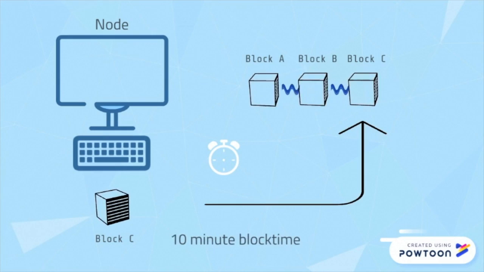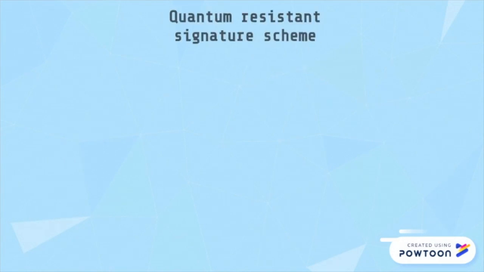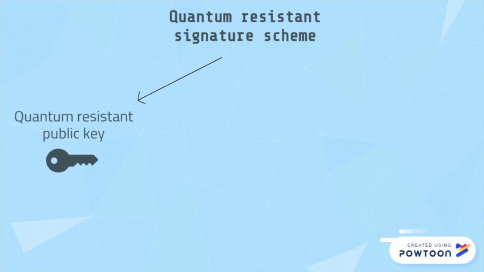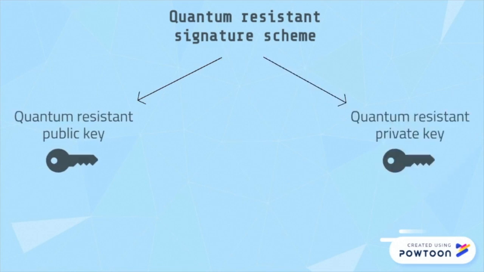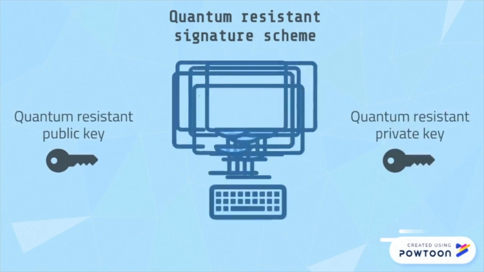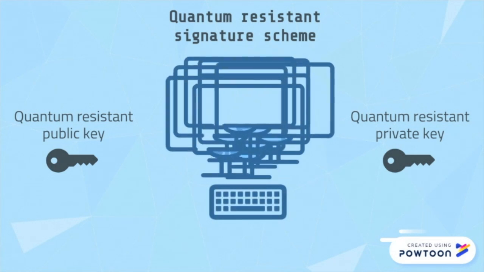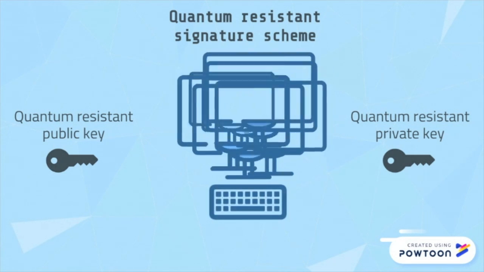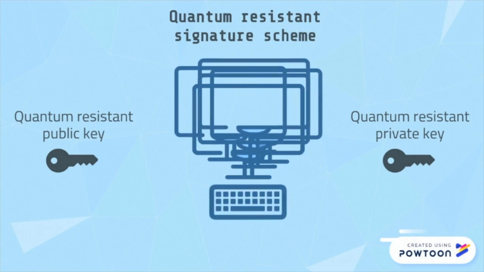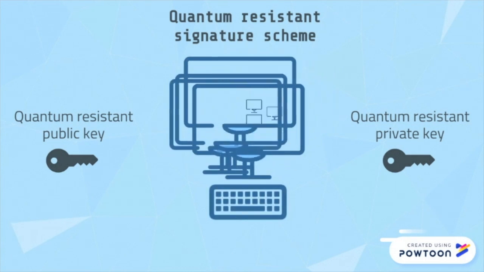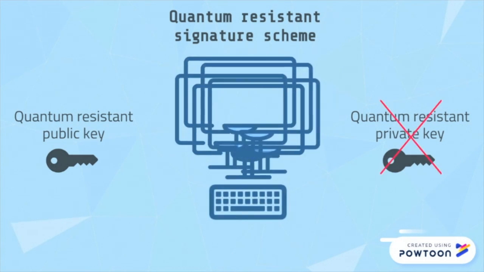The solution is to use a new type of signature scheme, a quantum-resistant signature scheme. This type of signature is mathematically different from current signature schemes in the sense that there is no classical or quantum algorithm that can break this cryptography. So even a quantum computer cannot derive the private key from the quantum-resistant public key.